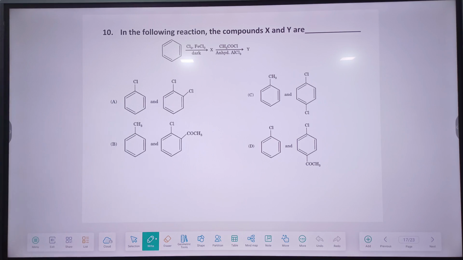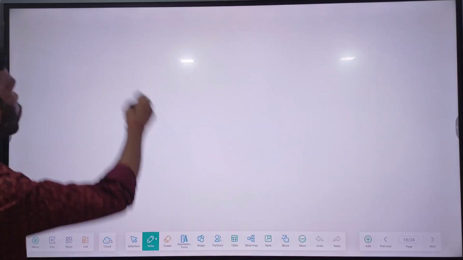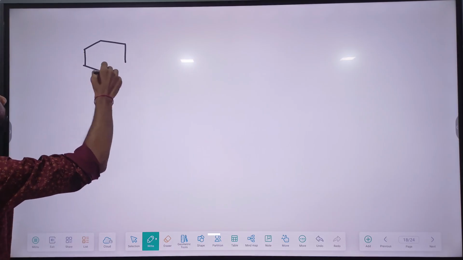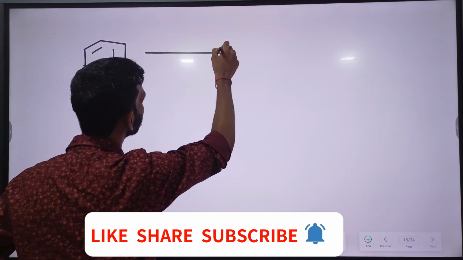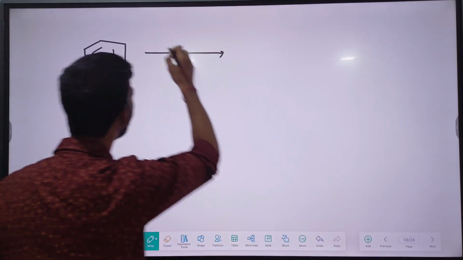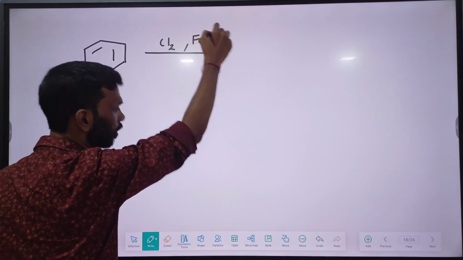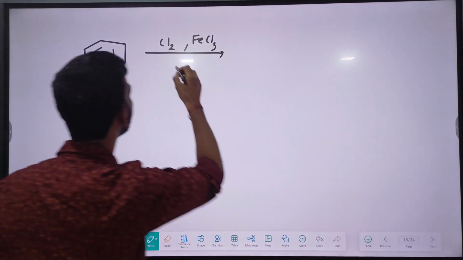In the following reaction, compound X and Y. First we'll understand this reaction. First compound they have given over here is this. This is your benzene. Very clearly you have to write Cl2 and FeCl3, in dark.